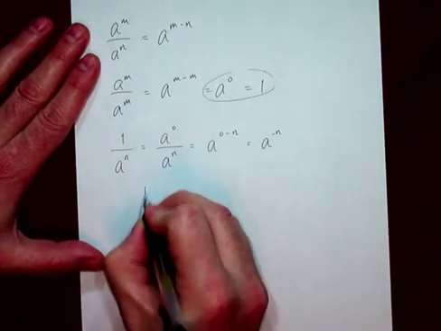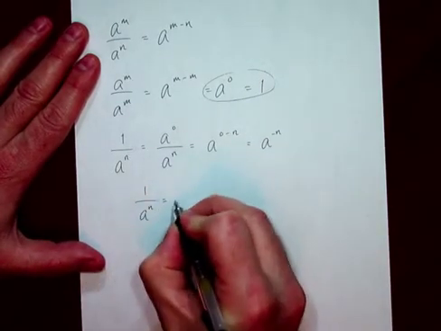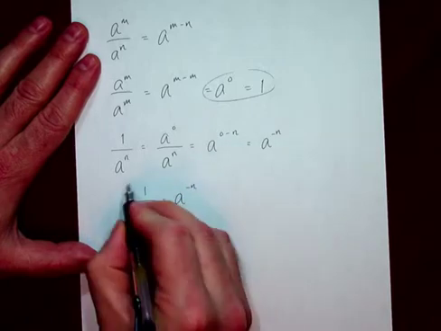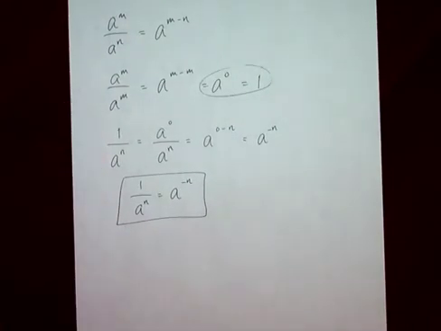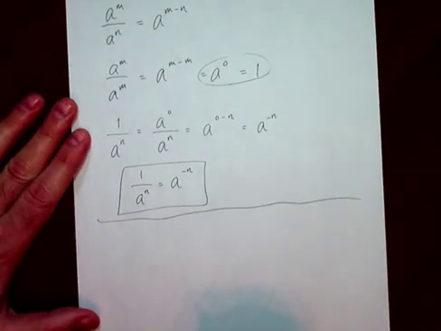And so, basically if you want to put that in shorter form, 1 over a to the n is equal to a to the negative n. And that's it, okay? Then the last one is basically dealing with fractional exponents.